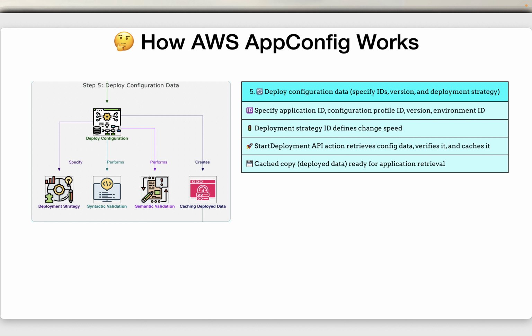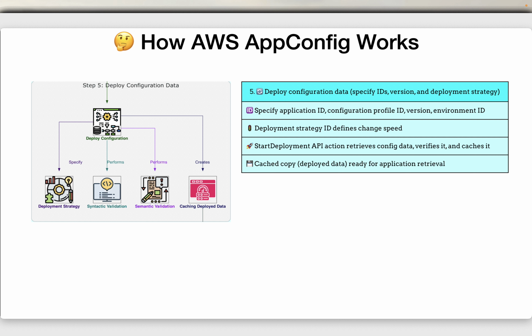And step number 5, when you create a new deployment, you specify the following: an application ID, a configuration profile ID, a configuration version, an environment ID where you want to deploy the configuration data, and a deployment strategy ID that defines how fast you want changes to take effect.